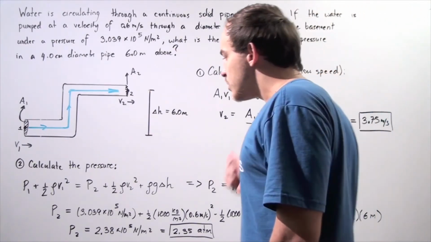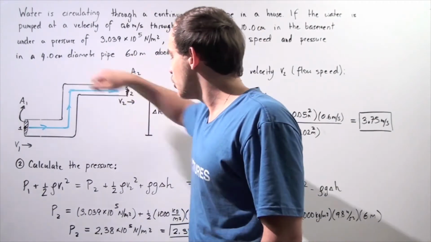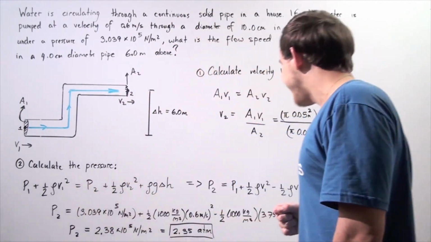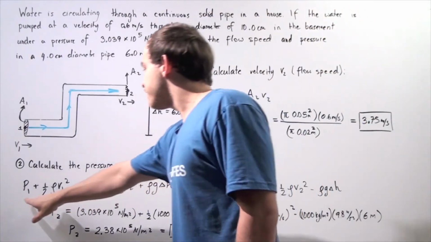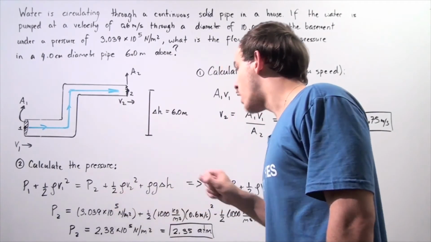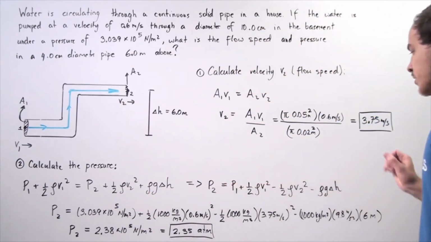So, since we want to calculate pressure 2, the pressure at point 2, we have to solve for this quantity. So P2 is equal to, well, we have P1 plus this quantity minus this quantity and minus this quantity. And we get the following result.